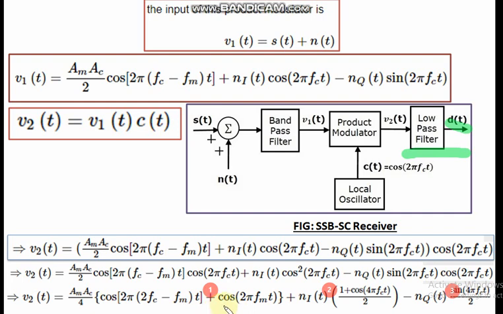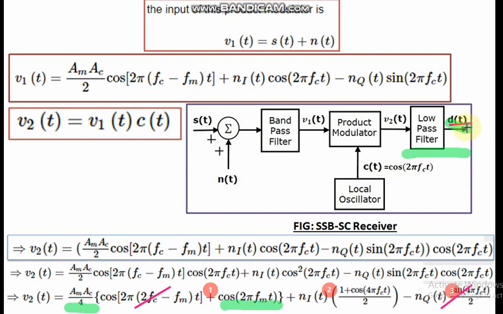So what we are watching is that this term cos 2 pi fmt multiplied with AmAc by 4 is having only the message signal, and the rest are having the higher frequency signal because it is containing the carrier signal term also. So we will discard this term, and quadrature term is also discarded when we take the output at the receiver.